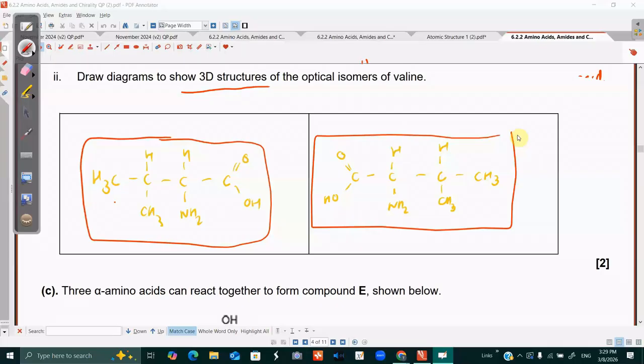So at least focus on the chiral carbon and make it 3D. Other parts are not even needed. If you can do it, that's good. But I think it's kind of too complicated for you, right? So just focus on the chiral carbon and make it 3D, right? Other parts are not necessarily needed.